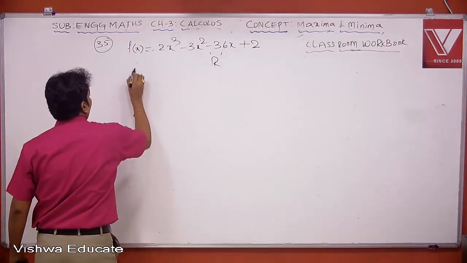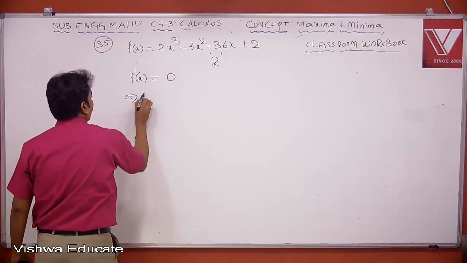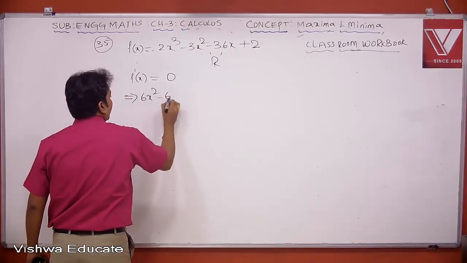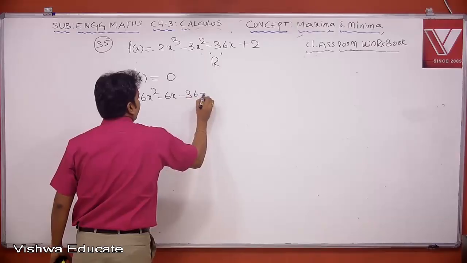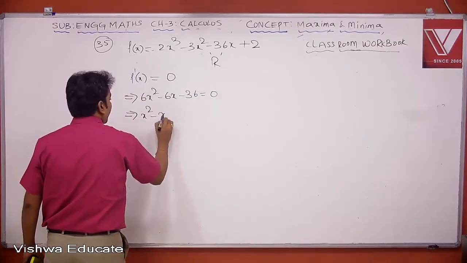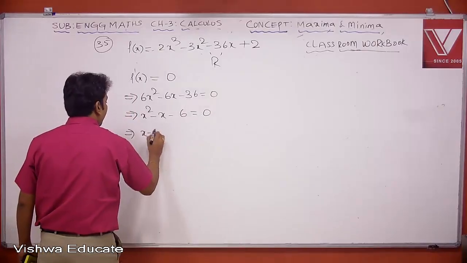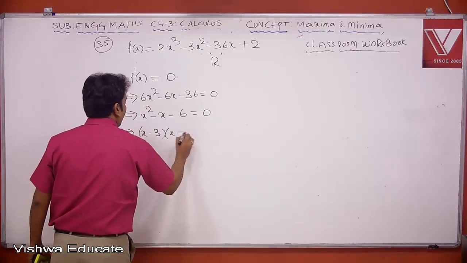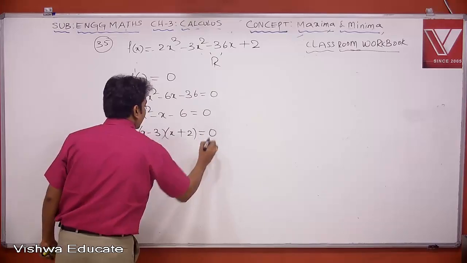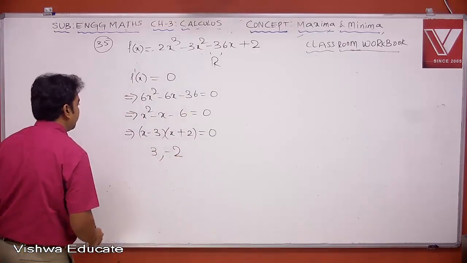So find stationary points, f dash of x equal to 0. This implies 6x square minus 6x minus 36 equal to 0. Taking 6 common, x square minus x minus 6 equal to 0. Its factorization is x minus 3 into x plus 2 equal to 0. So the stationary points are 3 and minus 2.